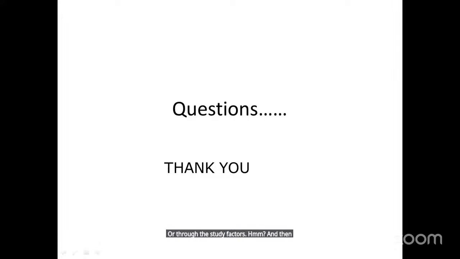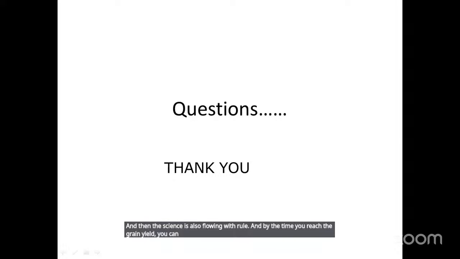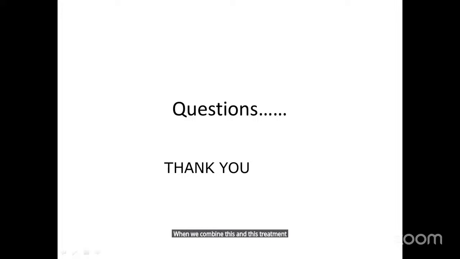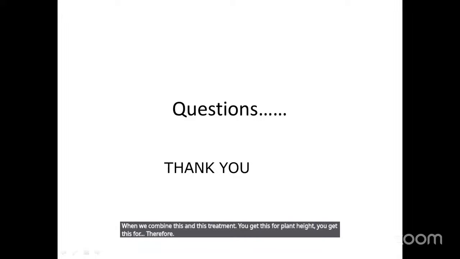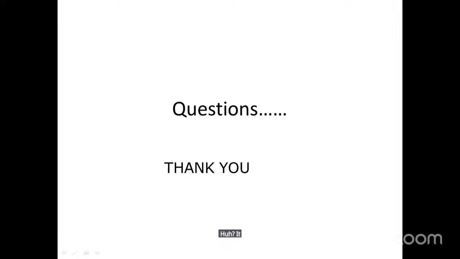And then the science is also flowing through. By the time you reach the grain yield, you can say, when we combine this and this treatment, you get this for plant height, you get this for the next parameter. Therefore, it can be concluded that this treatment combination is the best, assuming you have done everything required of experimental design, replication, and so on.